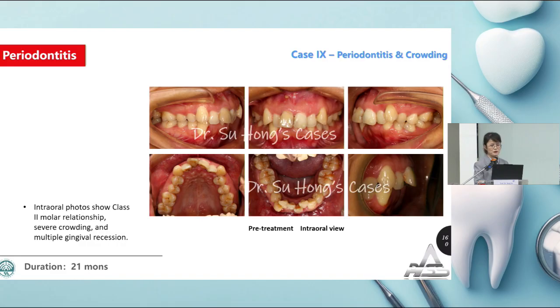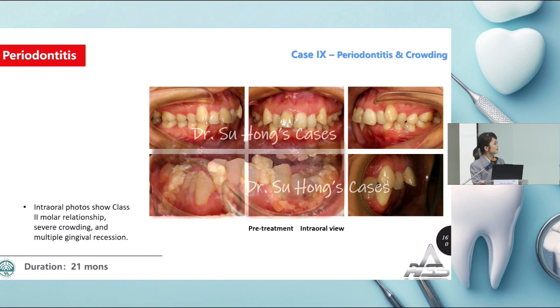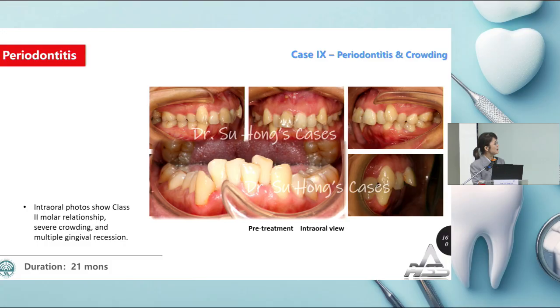Intraoral photos before treatment show a class 2 relationship and severe crowding. Here, severe crowding and multiple gingival recession. We can see she had a really steep lower curve of Spee, which caused severe occlusal problems.